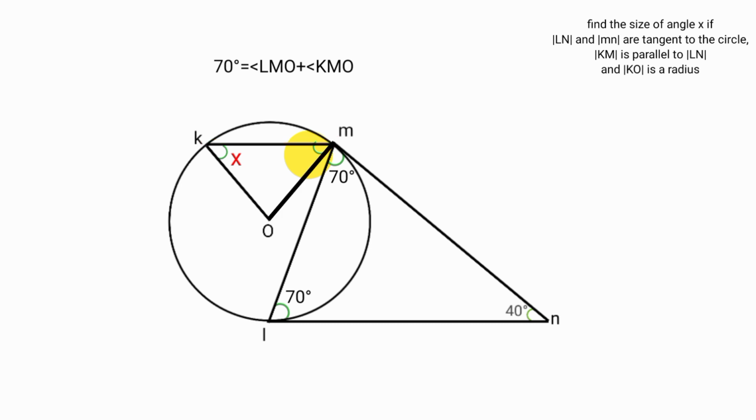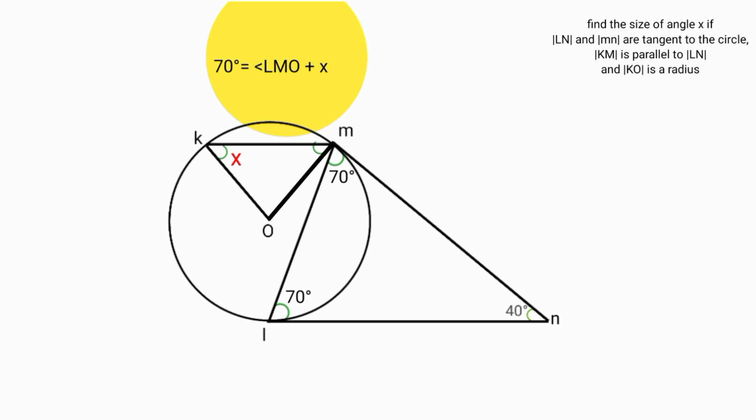We already mentioned earlier that the base angles of an isosceles triangle are always equal, so that means this angle X and this angle KMO are equal. So let's write it out as well. X equal to angle KMO. So since X equal to angle KMO, we can substitute X instead of angle KMO here. Now 70 degrees equal to angle LMO plus X.